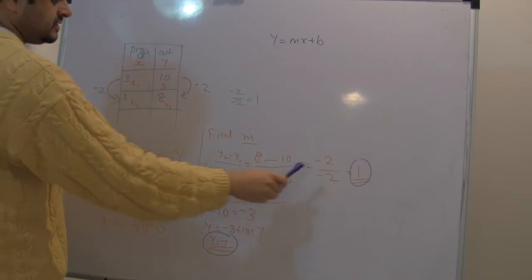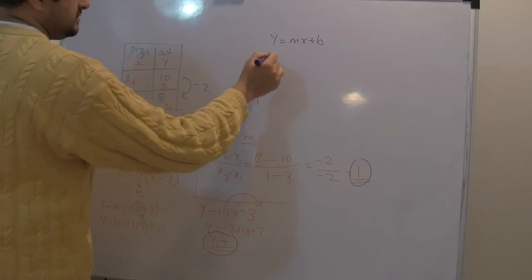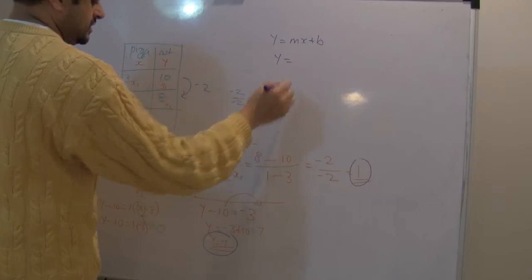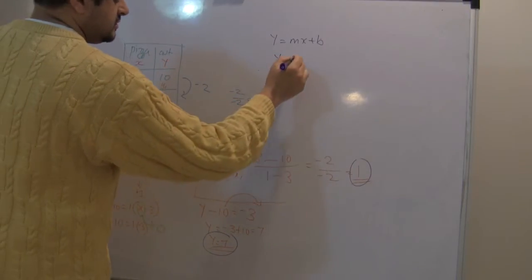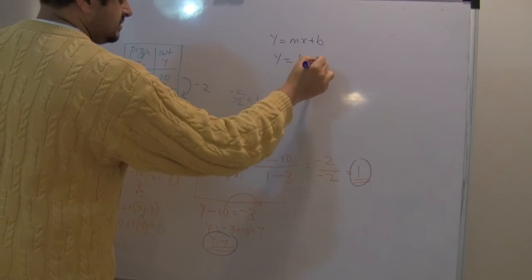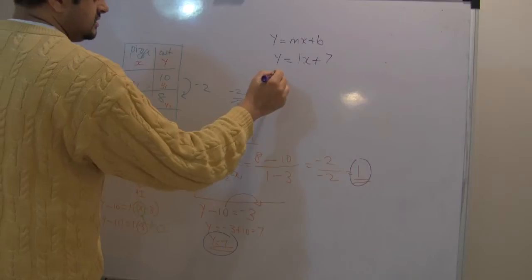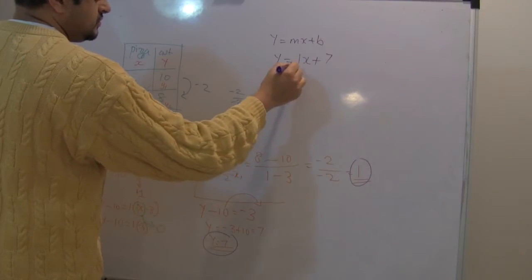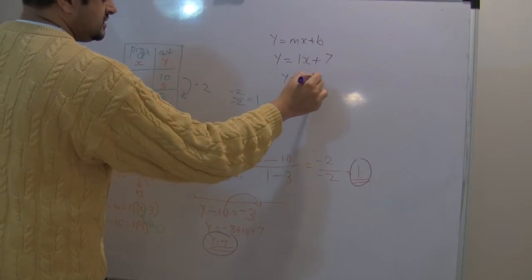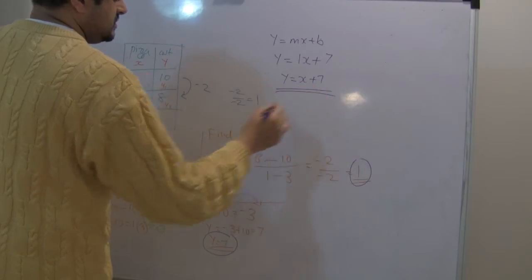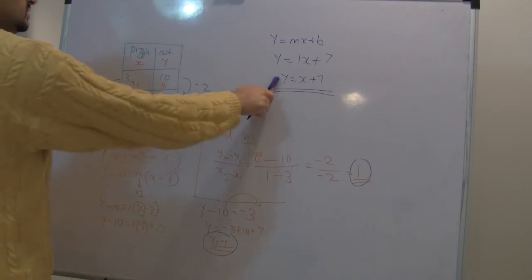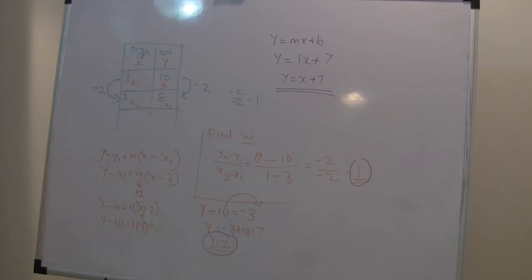The slope is 1 and the y-intercept is 7, so y equals 1x plus 7, which is x plus 7. So we got the answer: y equals x plus 7.